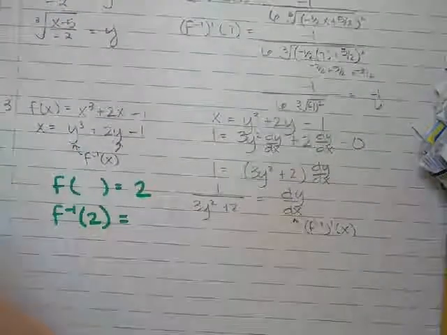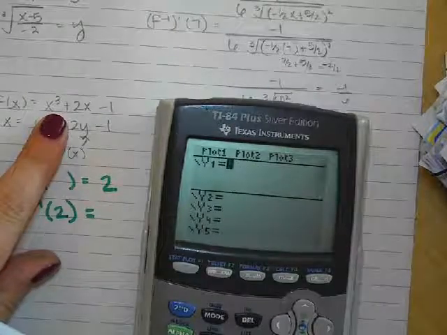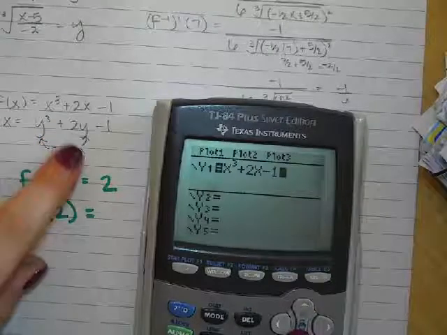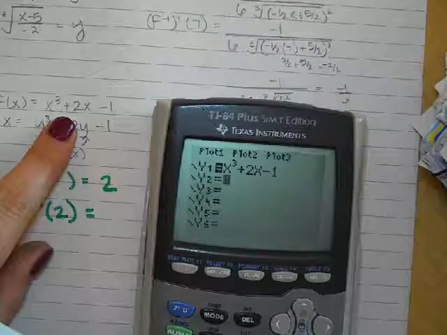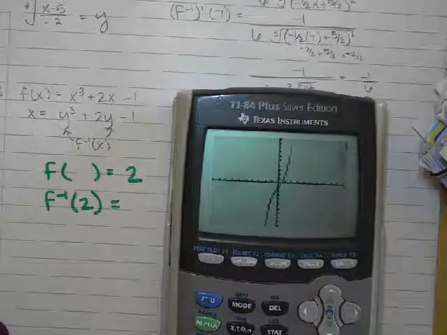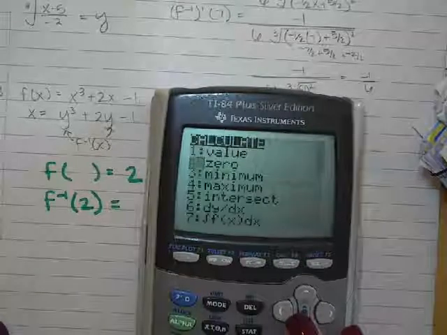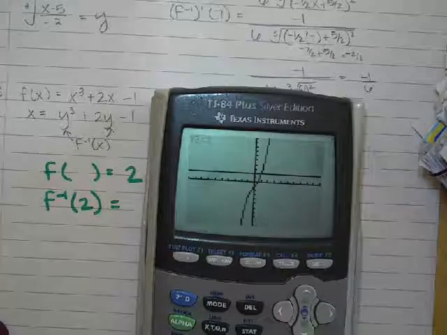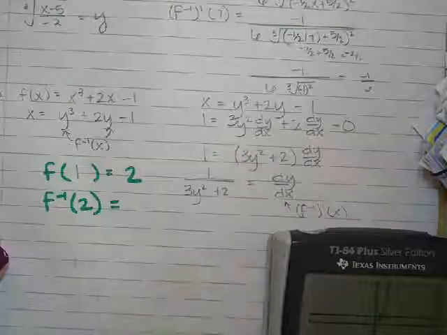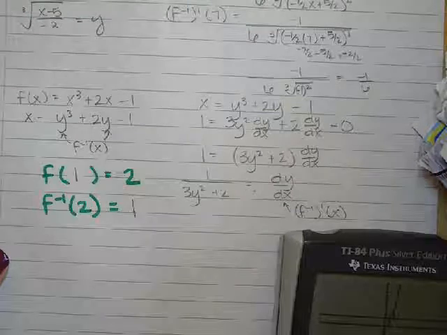So now I grab my calculator, and I graph x to the third plus 2x minus 1. And then what do I put in for y2? 2. And so that was an x value of 1, which means that for the inverse, it's a y value of 1.